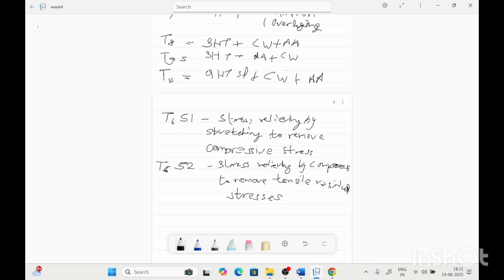Compressive stress decreases the structural integrity of the component, so if we apply any pressure it will easily break. And if tensile residual stress is present in the material, it will decrease the yield strength of the material. That's why we have to apply stress relieving treatment to remove these residual stresses.